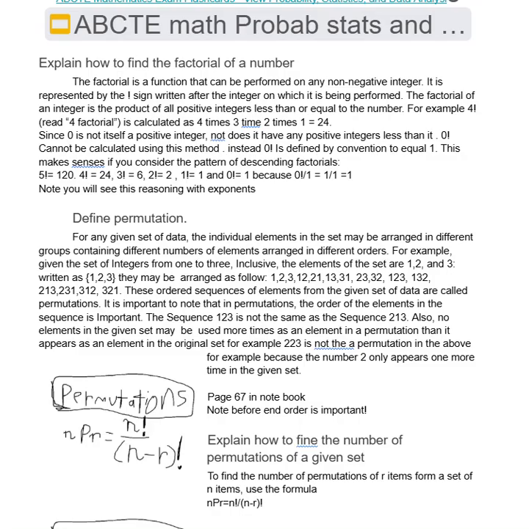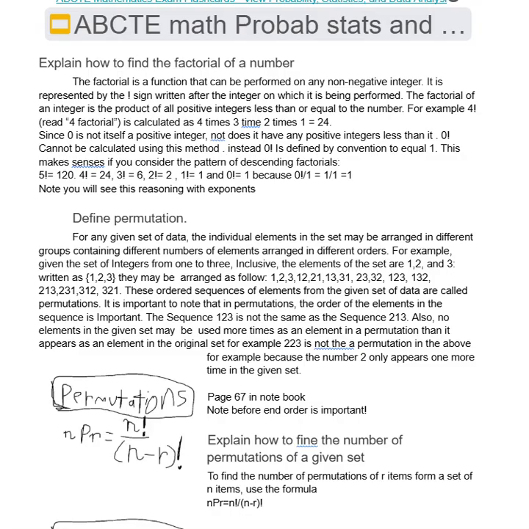And 0 factorial equals 1, because 0 factorial is 1 over 1, which equals 1. Note, you will see this reasoning in exponents, where if something is to the power of 0, it is equal to 1. Next, define permutations.